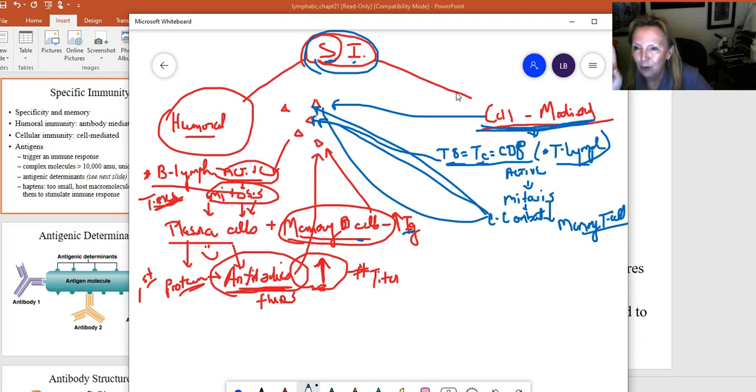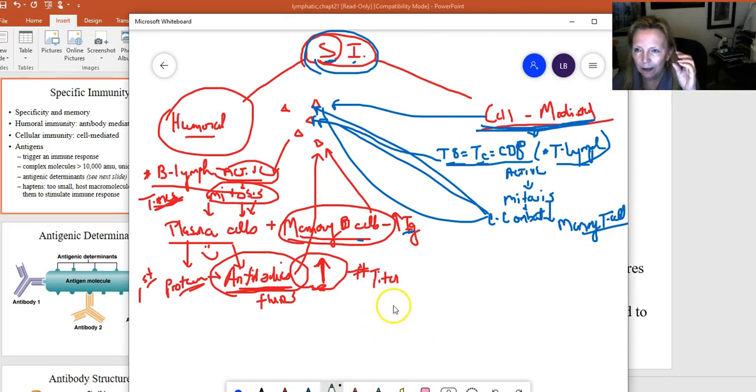You don't get them but once. It's why we can spend many days of our lives not being ill. Otherwise, every new thing that we ever encountered, and even old things, we would be responding to. We would never get out of infancy. We would never have a day of wellness. If it weren't for specific immunity, we would never have a day of wellness.